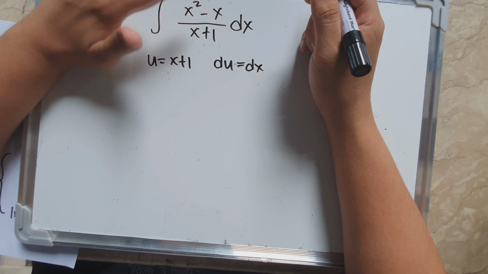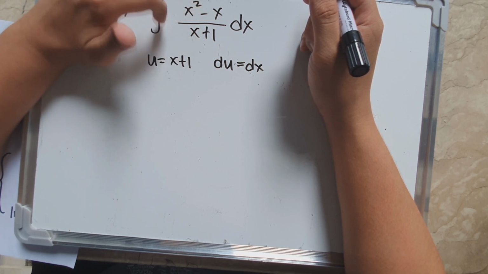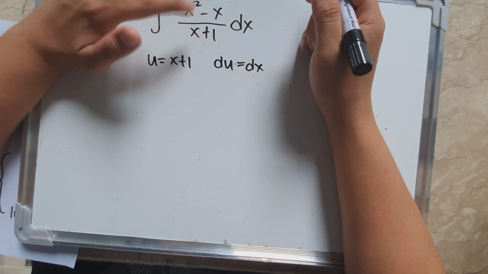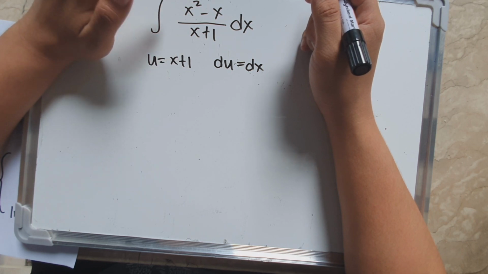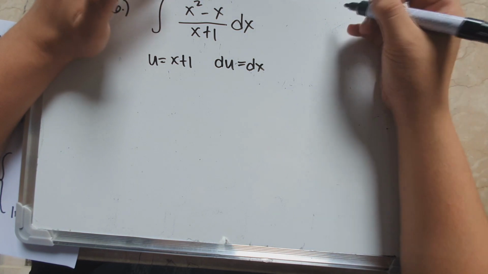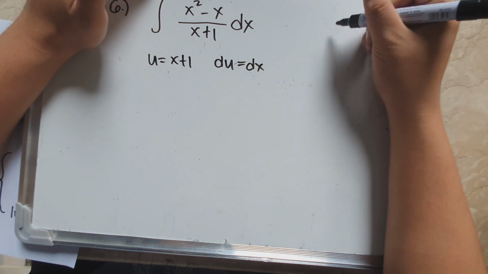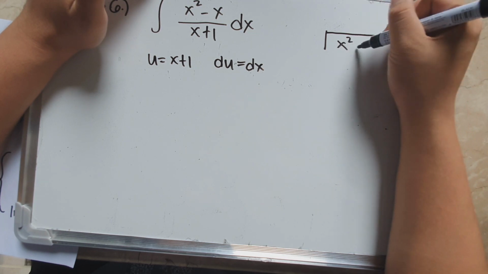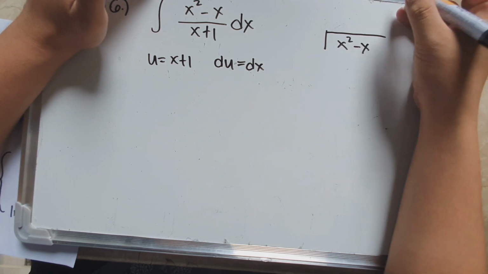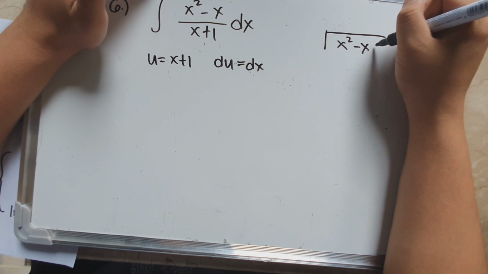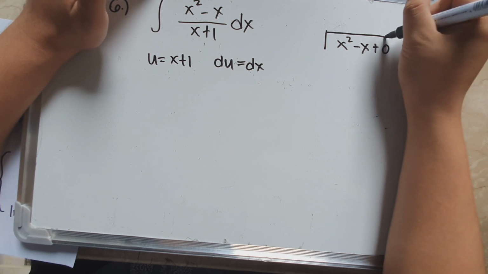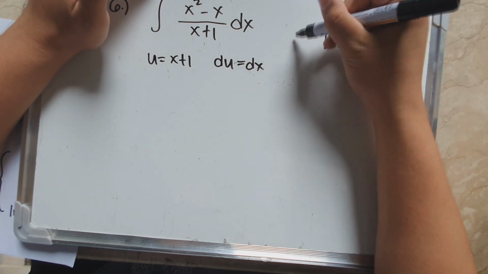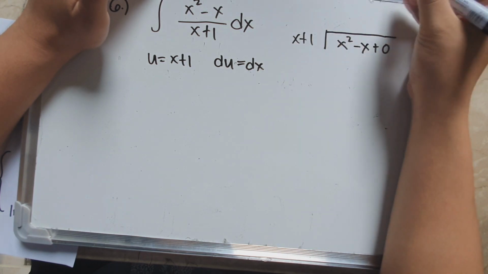So we have to divide this one first with the long division method for us to solve the problem. We have first our x squared minus x, and we have the constant 0, divided by x plus 1.